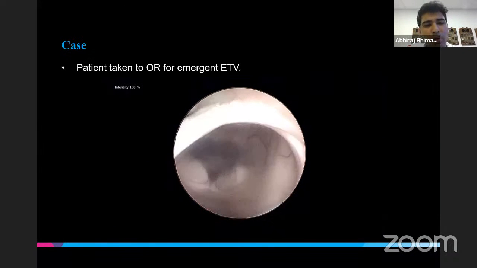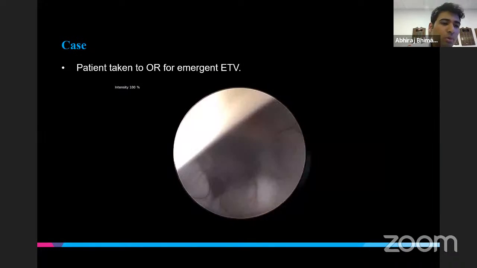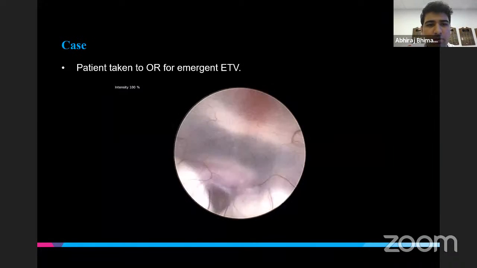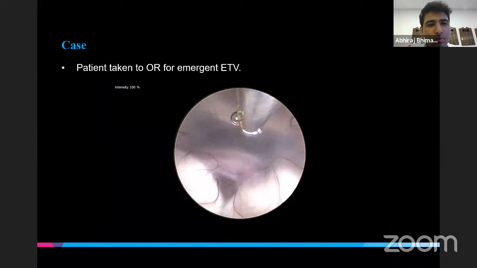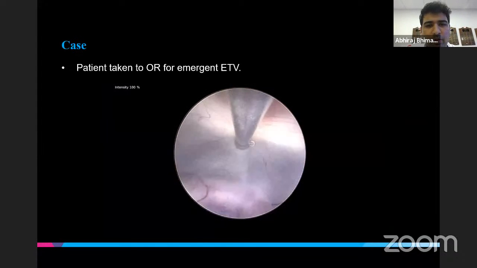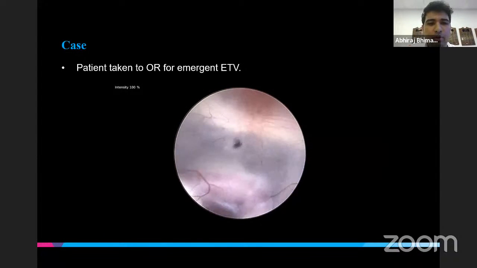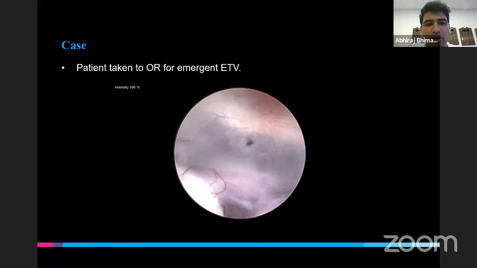You can see as we're going through the foramen of Monroe into the third ventricle. And there you can see the perforation.